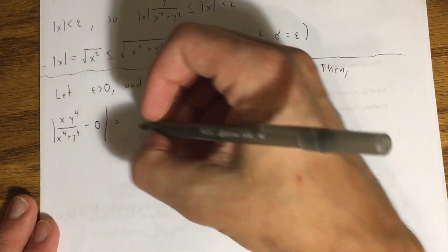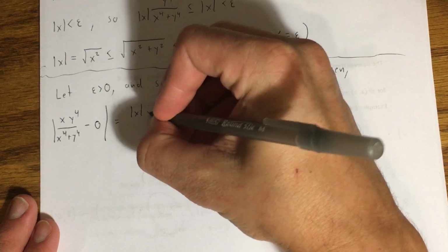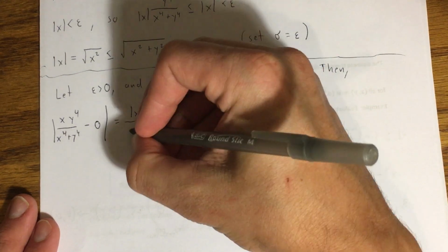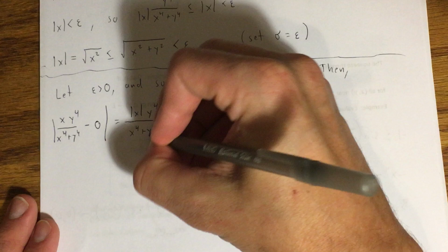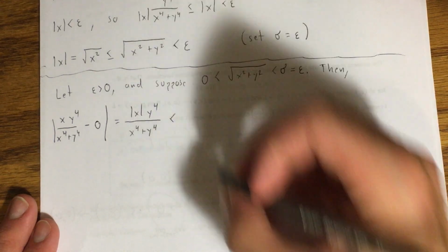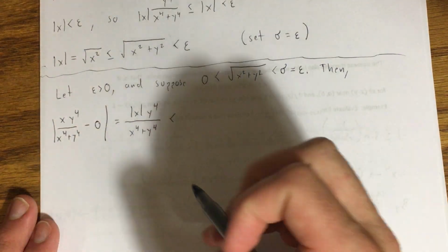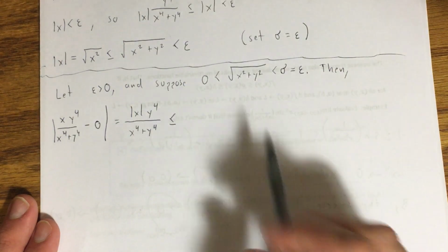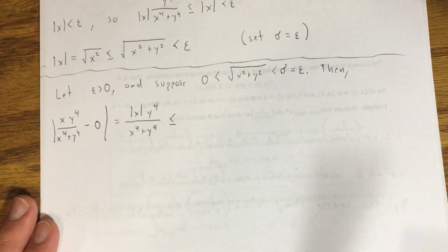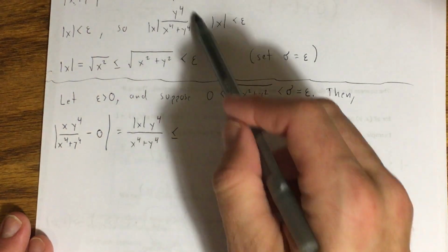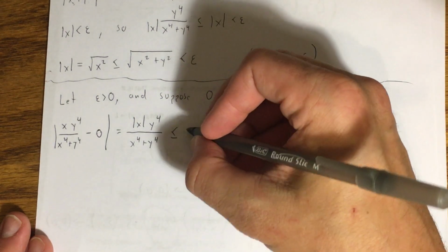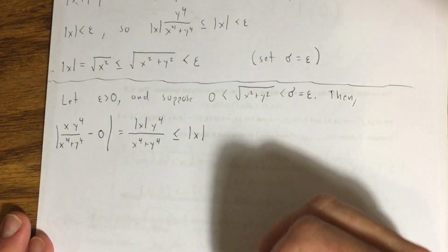So this is equal to the absolute value of x y to the fourth over x to the fourth plus y to the fourth. And as we showed, that would be less than or equal to the absolute value of x. And again, that's because this part of my expression is going to be less than or equal to 1.